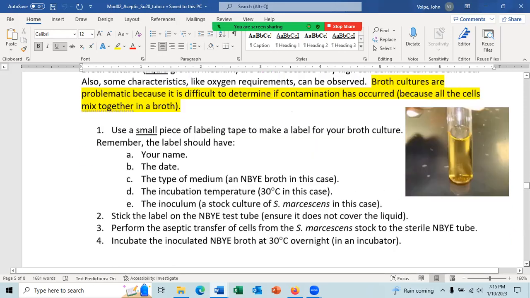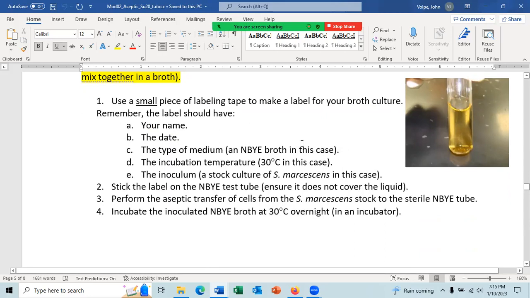All right, let me remind you, when you're using a tube, you should have it properly labeled with your name, the date, and the type of medium it is. In this lab, we're using NBYE, nutrient broth with yeast extract. We're going to be growing it at the incubation temperature of 30 degrees, which is optional. You don't need to include that. And we're going to be growing Serratia marcescens or S. marcescens in this case.